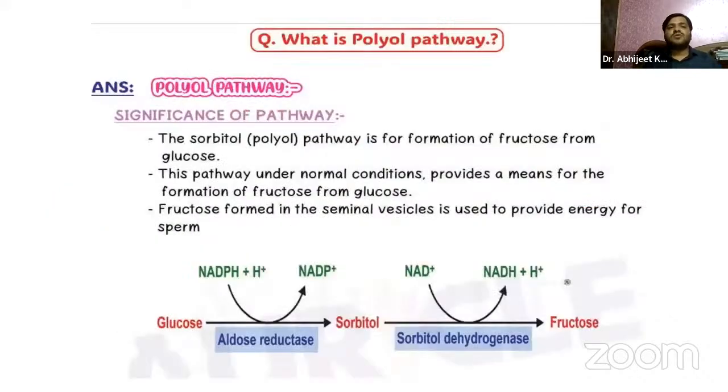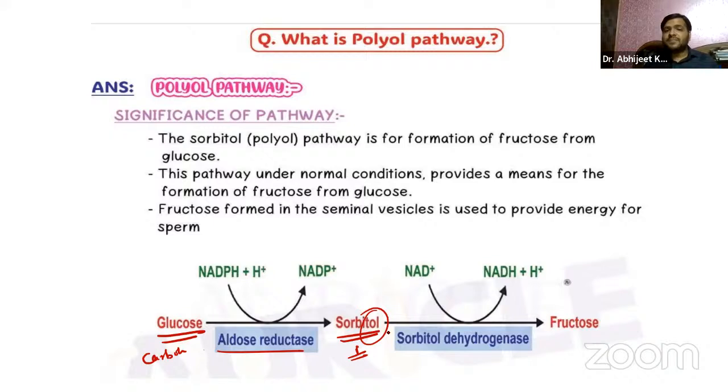Now, coming on to the next question, what is the polyol pathway, right? Now, what is this polyol pathway, guys? You already know we have glucose, a carbohydrate, and we have this alcohol, right? Now, what will happen whenever we convert a carbohydrate into an alcohol group? Yes, aldose reductase is used, right?